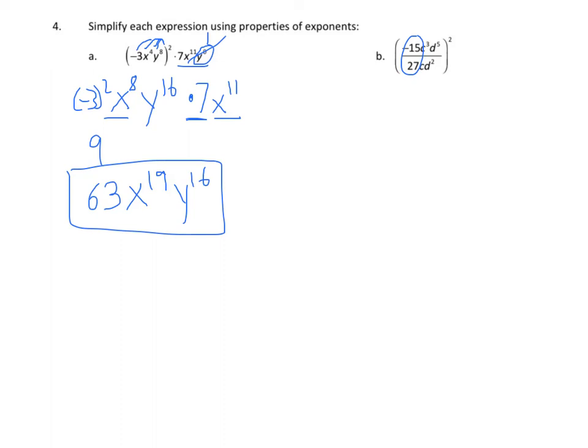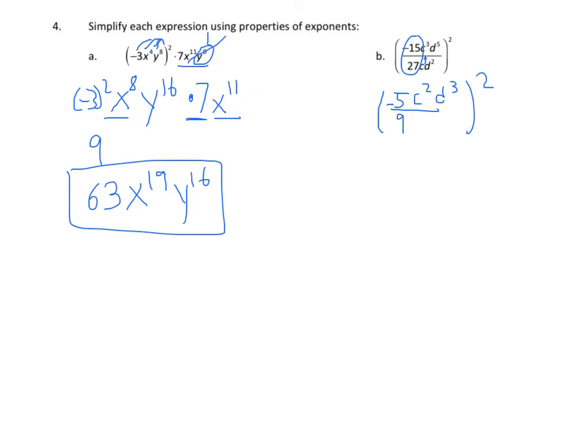Those can both be divided by 3, and we get -5 over 9. And then c to the third over c, this would be c to the first power if it has no exponent. If I subtract the exponents, we get c to the second on the top. And then d to the fifth over d squared, subtract the exponents, we get d to the third on the top.